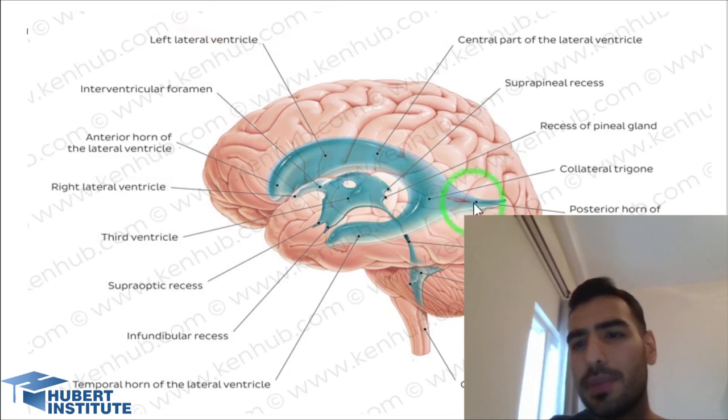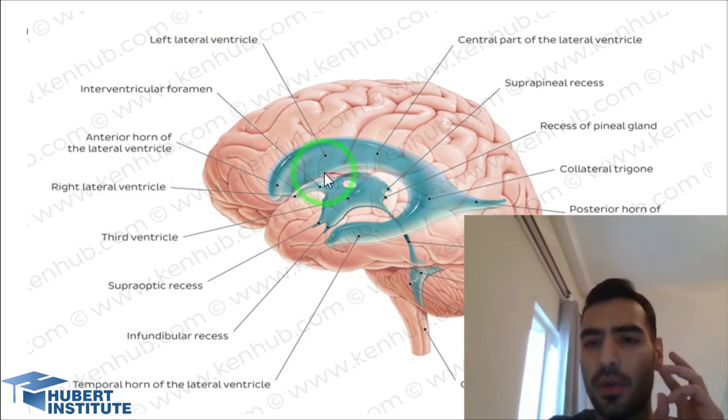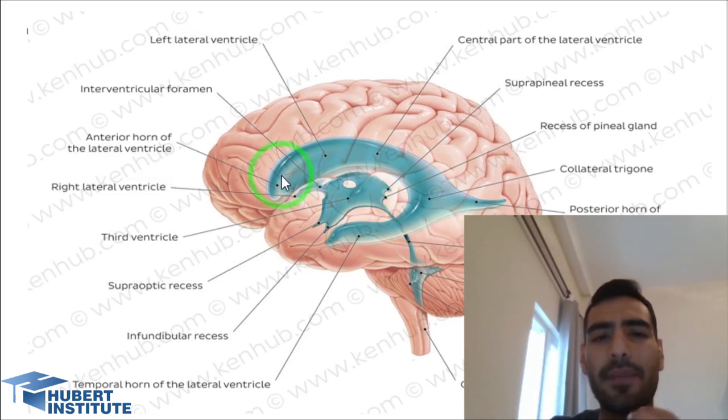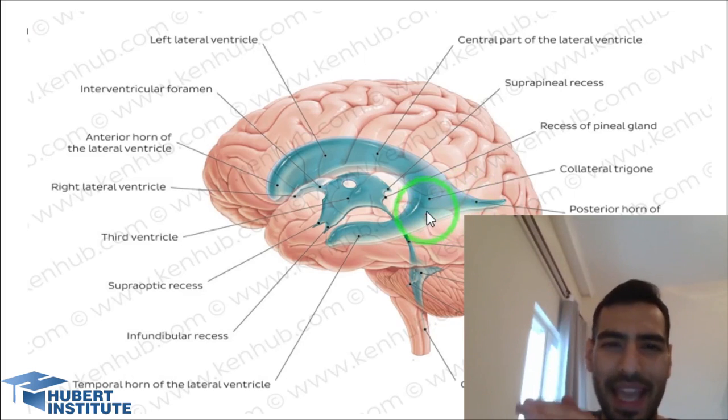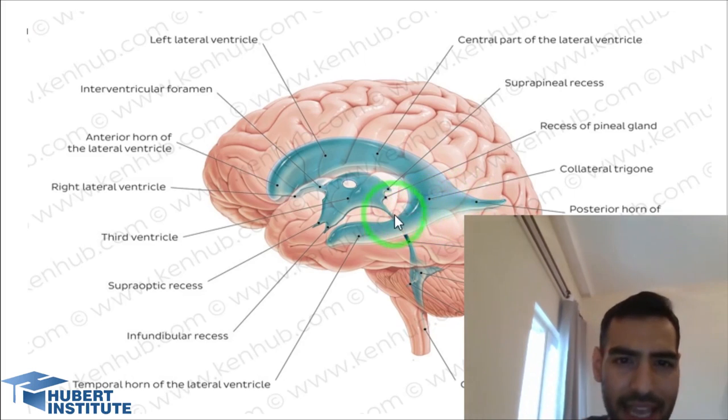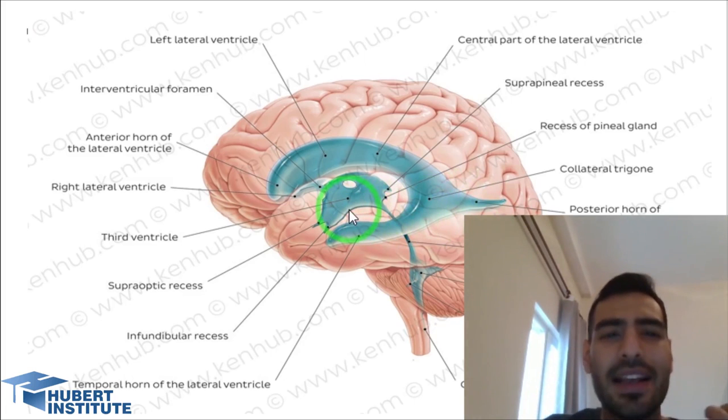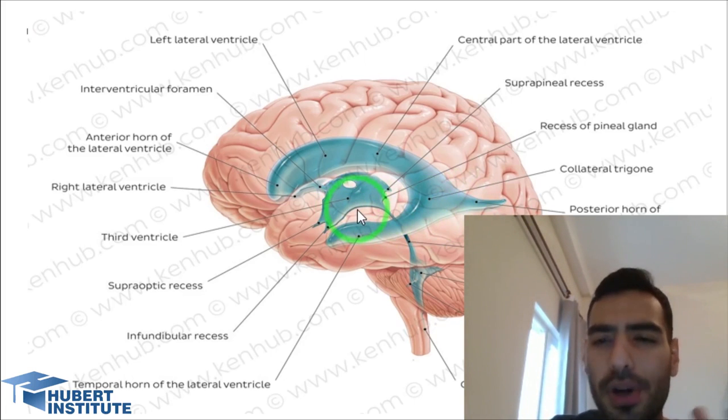Projecting into the occipital lobe is the posterior horn. So up to here we named 3 parts: frontal horn, body, and posterior or occipital horn. A final horn extends inferiorly and anteriorly as the inferior or temporal horn.